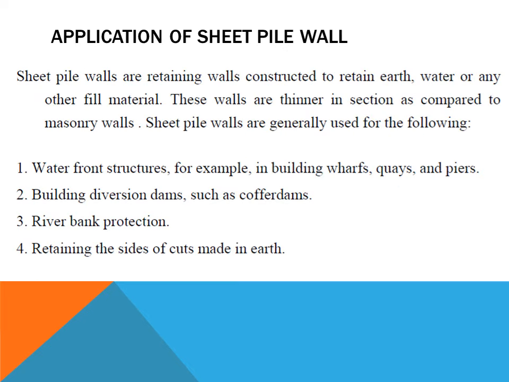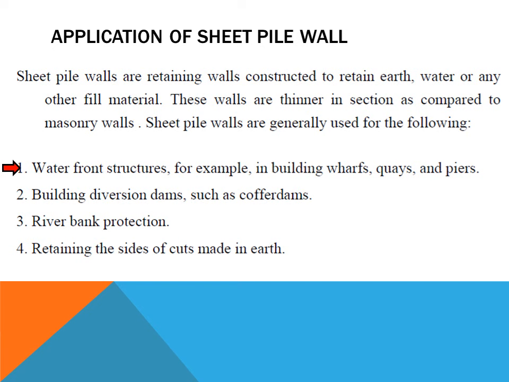So sheet pile walls are retaining walls constructed to retain earth, as we know, water or any other fill material. As compared to concrete walls or masonry walls, sheet pile walls are thinner in sections.